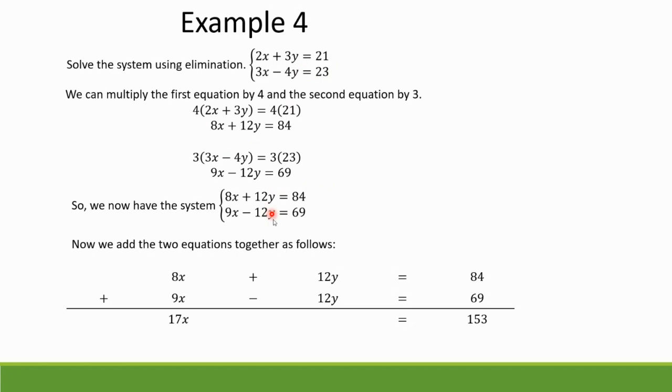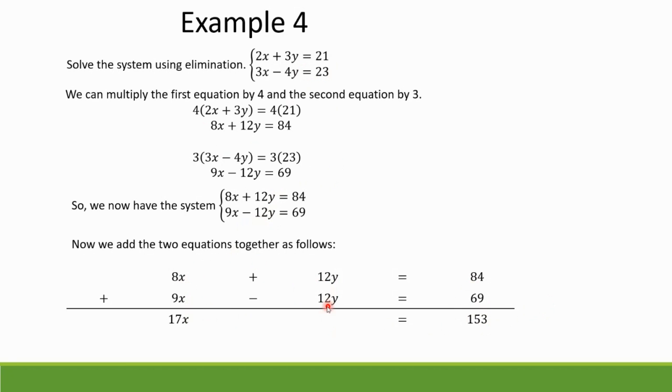But now here we can add the two, and the y's go bye-bye, right? When we add them, we get 8x plus 9x is 17x. The 12y's go away. 84 plus 69, that's going to be 153. So now the equation we have to deal with, right?